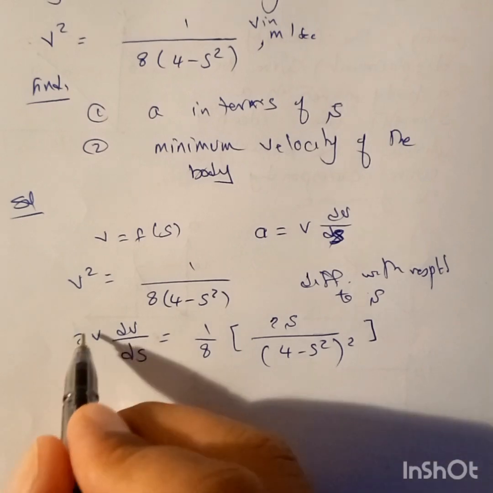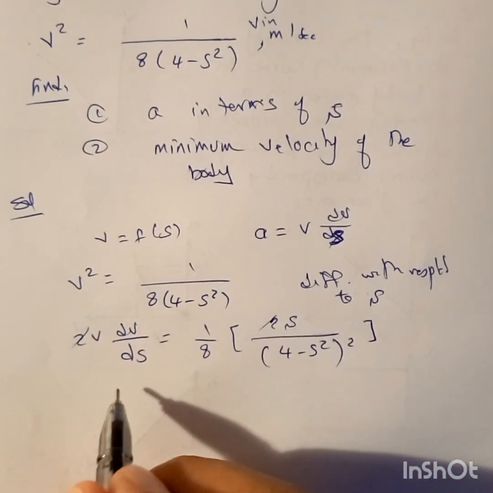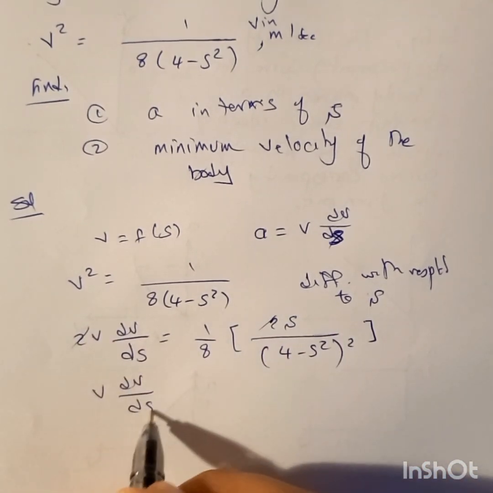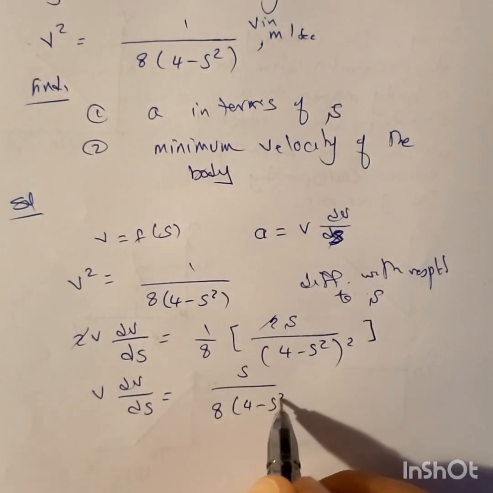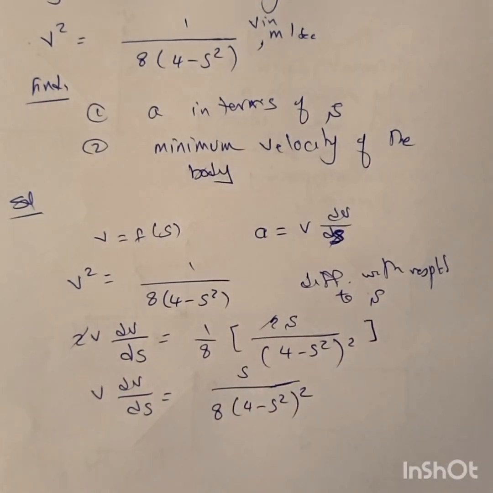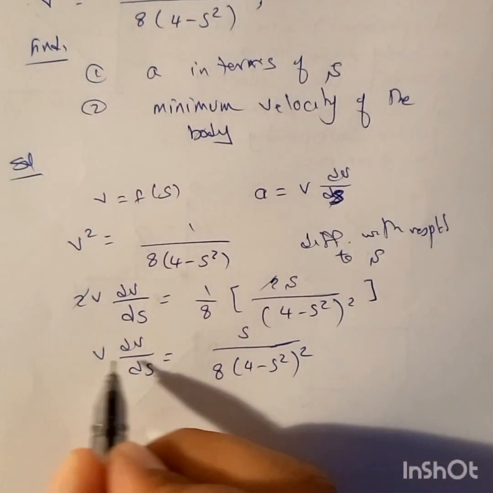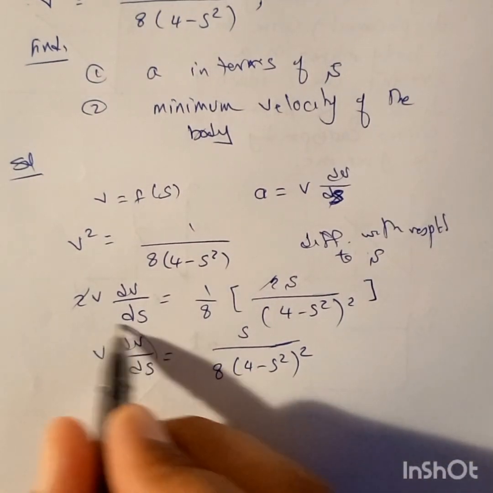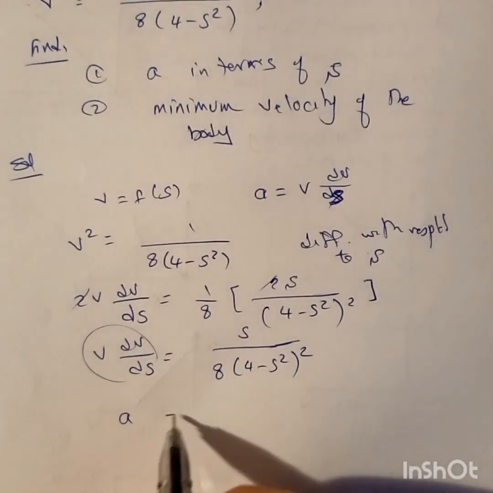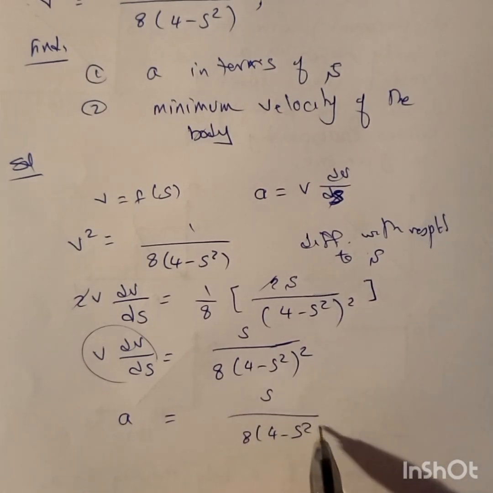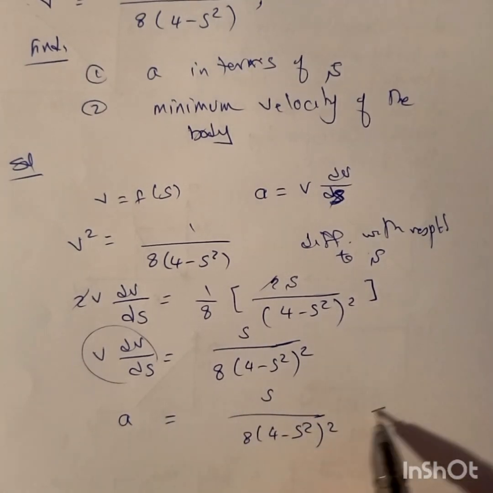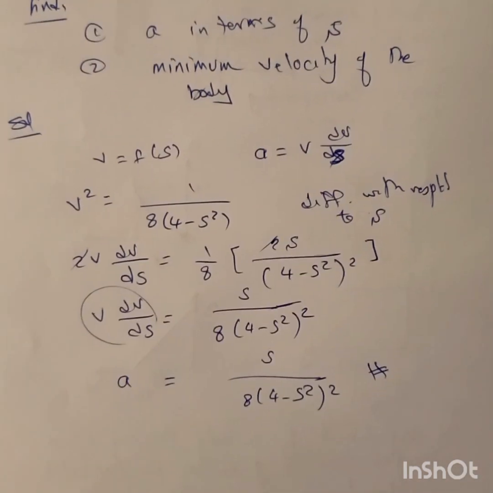Okay, then we have v dv ds equals s over 8 (4 minus s squared) all squared. Okay, then v dv ds is acceleration. Then acceleration equals s over 8 (4 minus s squared) all squared. Okay, this is required in number 1.